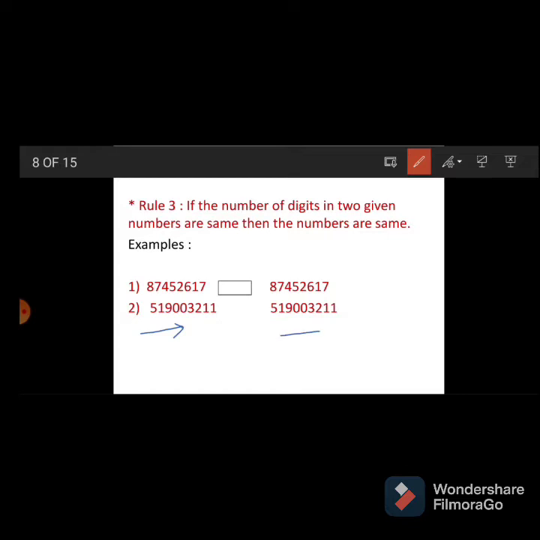From here we have to start. Here 5 5, 1 1, 9 9, 0 0, 0 0, 3 3, 2 2, 1 1, 1 1, which means these two numbers are equal. Okay, this is the third rule.